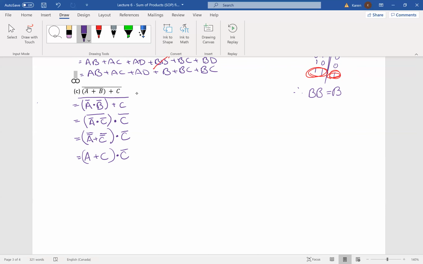Then I broke up this bar by changing the sign and breaking it up. And then I realized that I can get rid of the double inversions. So I'm left with this. And so now that's the same as writing C bar times A plus C. Turns out the brackets were important.